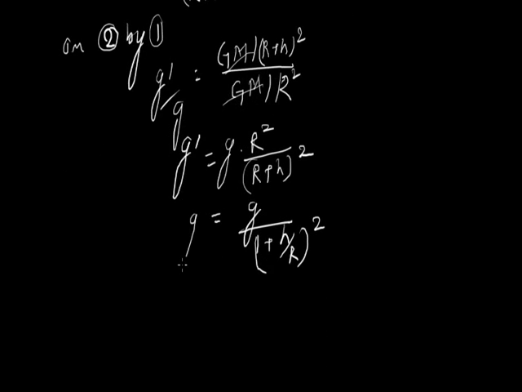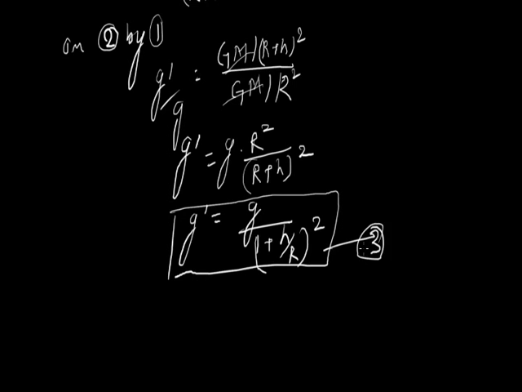By seeing this formula, we can clearly see that the acceleration due to gravity at the Earth's surface is divided by some magnitude, 1 plus h upon R whole squared. So this will definitely vary our g at height h. From formula 3, we can clearly see that g dash is smaller than g.